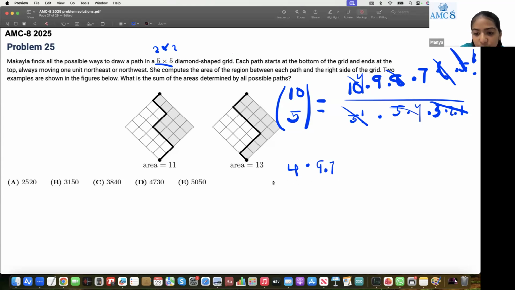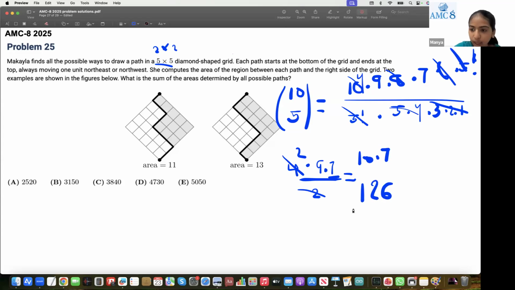divided by 2 to find the total pairs, which will be giving us 18 times 7. And 18 times 7 will be giving us, let's see, 126. And now we have to do 126 times 25, since the total area would be 5 times 5, which is 25.